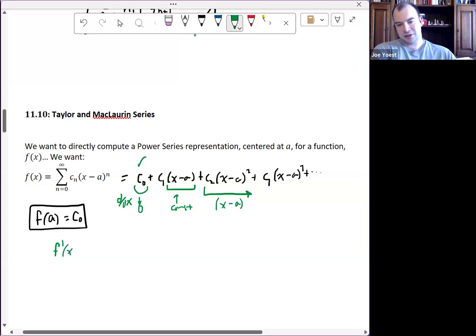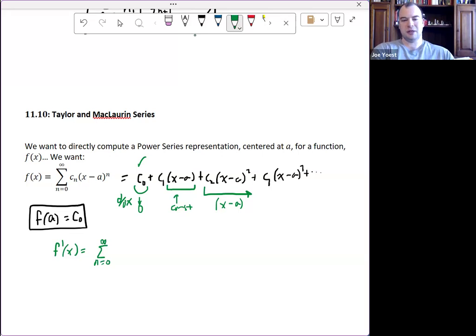So what is f prime of x then? Taking d by dx on the left-hand side, that's f prime of x. On the right-hand side, that's the sum from n equals 0 to infinity of c_n times n times (x minus a) to the n minus 1. But again, we can start this at n equals 1. And what does this look like?